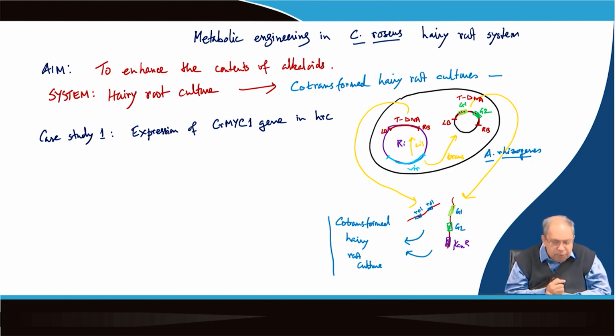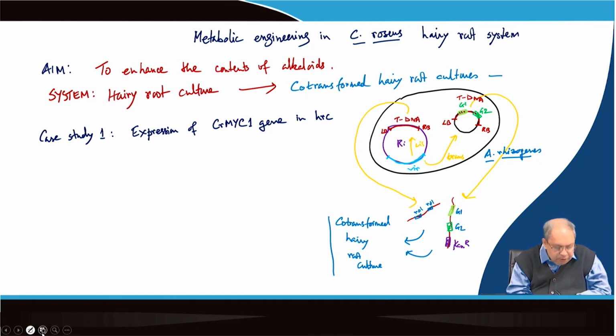The gene was put under the control of a promoter and a terminator, and then Catharanthus roseus co-transformed hairy root cultures were raised. We are not going into those details, we will see only in a nutshell what this co-transformed hairy root culture showed us, or what this hairy root culture produced.